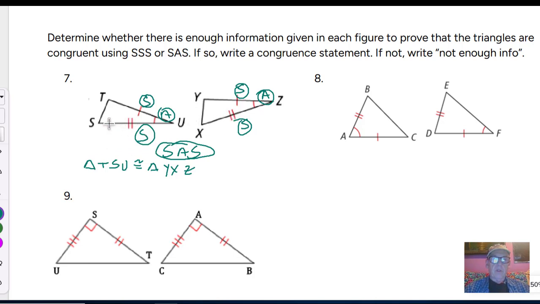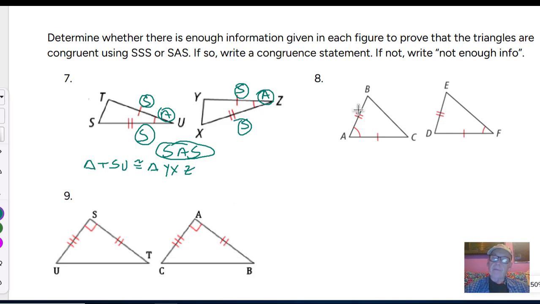S is between the 2 marked side and the unmarked side. And then angle Y and angle T. Angle Y is at the end of the 1 marked side to the non-marked side, and T is along the non-marked side with the 1 marked side. So they're all in corresponding positions. So we have to be careful to name the congruents in the right order.